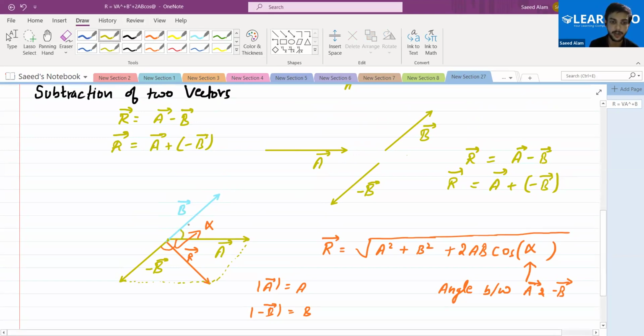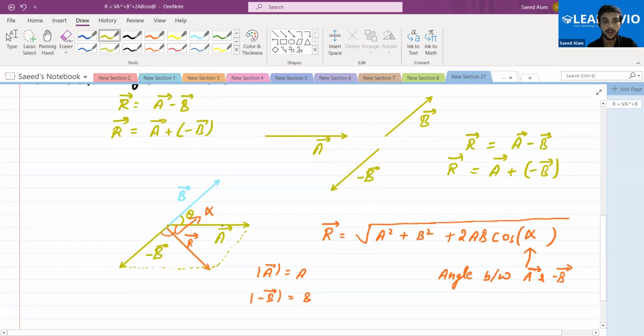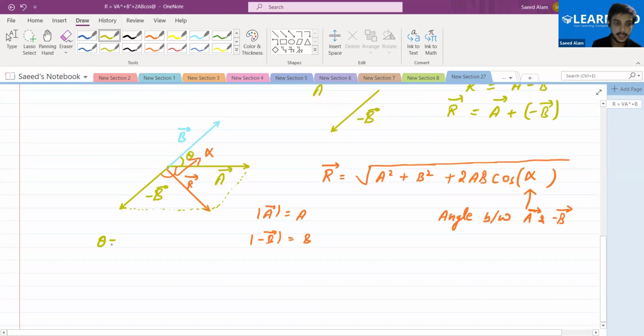The angle between the two vectors A and B. So do you agree that theta plus alpha will be nothing but 180? So can I write alpha as 180 minus theta?